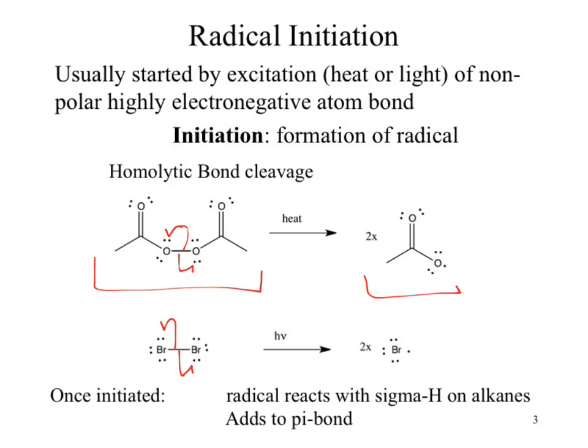We have to cause them to become a radical. That causing process is relatively easy to do. In one case, with our peroxy acid, all we got to do is add a little bit of heat. You add enough heat, that weakens that bond enough that it breaks apart, and you've got your free radical. The other option that you'll see with these is light.